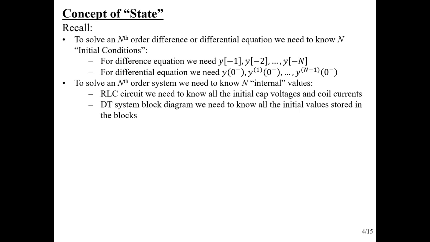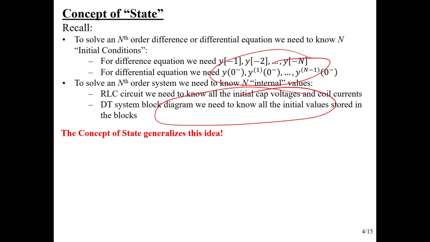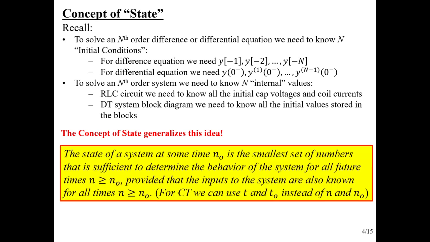So my students have seen the word state before, but not necessarily in this most general view. The concept of state generalizes these ideas of initial conditions. It doesn't have to be these, and it doesn't have to be these. There are other choices. In fact, there are infinitely many different ways to choose the initial state of a system.